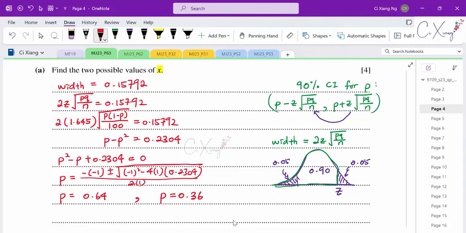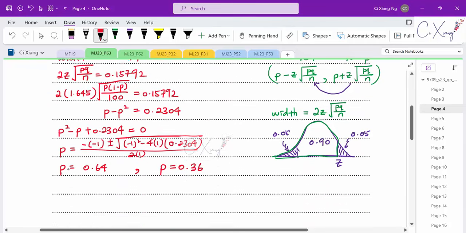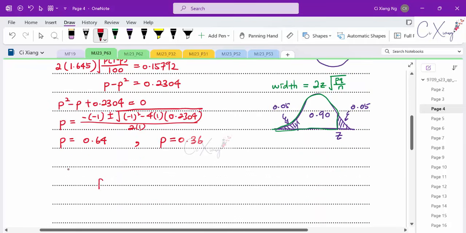Now for this question, they're asking for the X. They are not asking for the P, right? So what is the relation between the X and the P? P is the probability. X is the number of certain students. To link X with P, the formula for the proportion is the value of X divided by the total size.